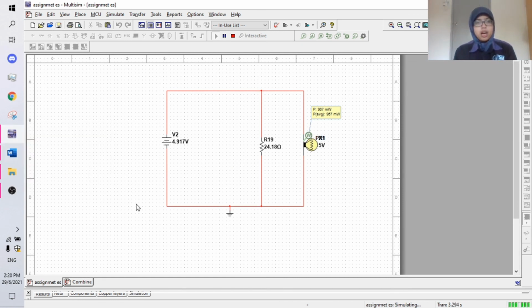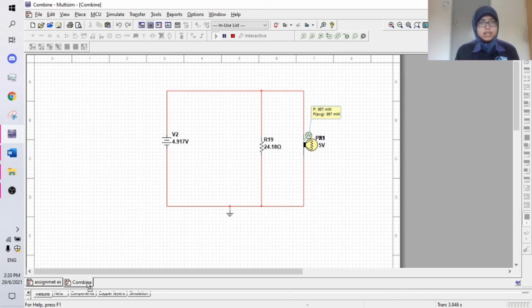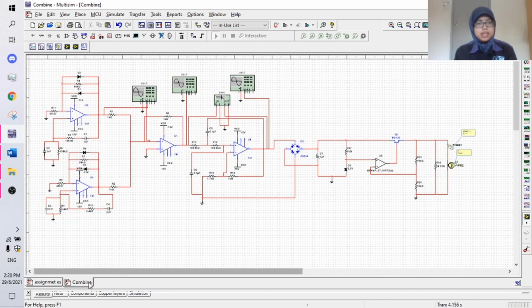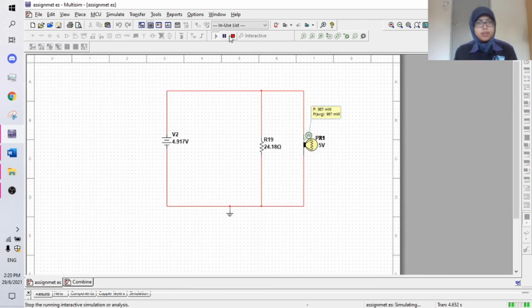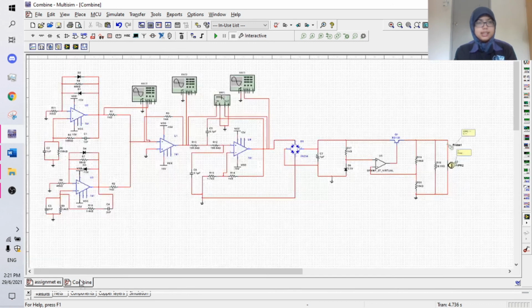Then I will explain our combined circuit. In our combined circuit, we can see there is oscillator 1, oscillator 2, summing, active low pass filter, rectifier, voltage regulator, and lastly our load. The last one is our indicator, the lamp.